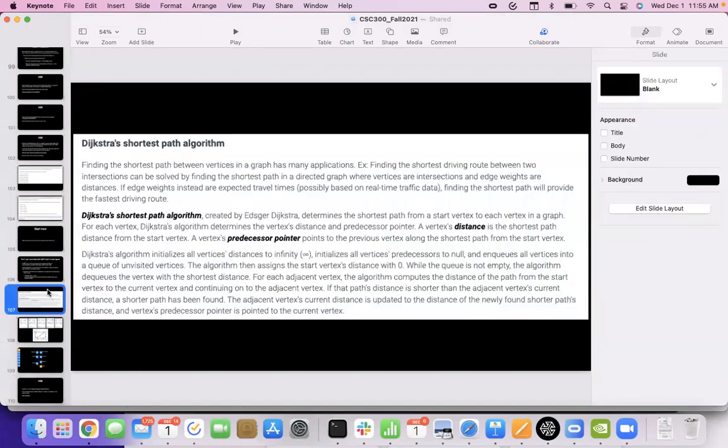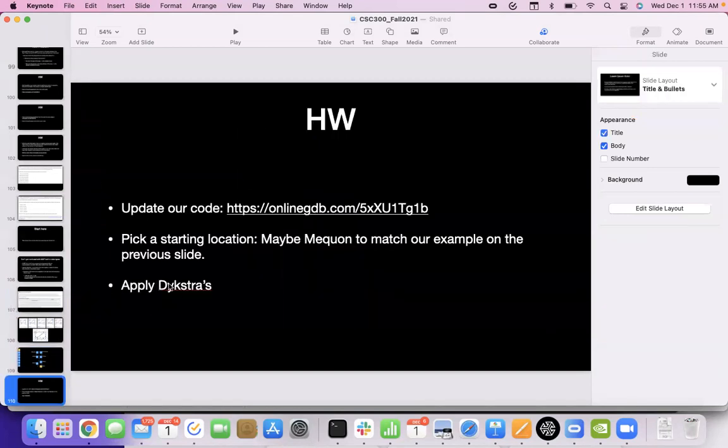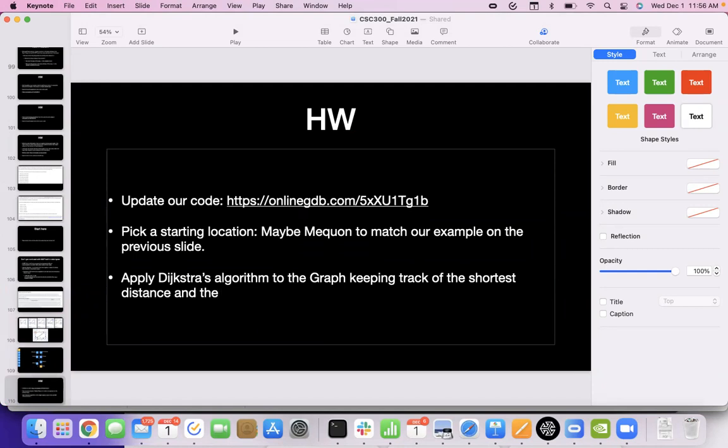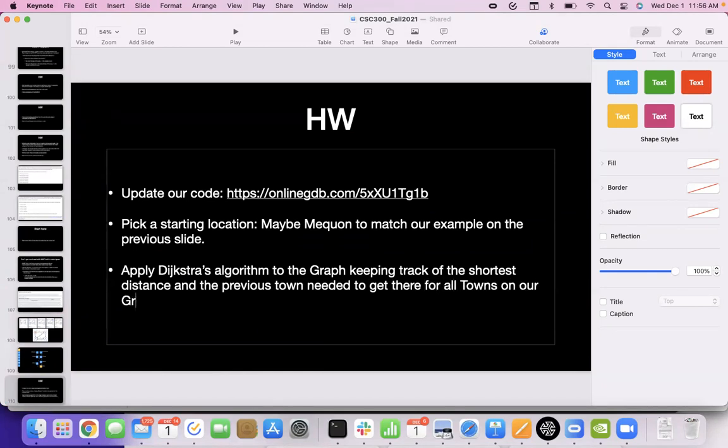Dijkstra. There you go. Apply the algorithm to the graph, keeping track of the shortest distance and the previous town needed to get there for all towns on our graph.